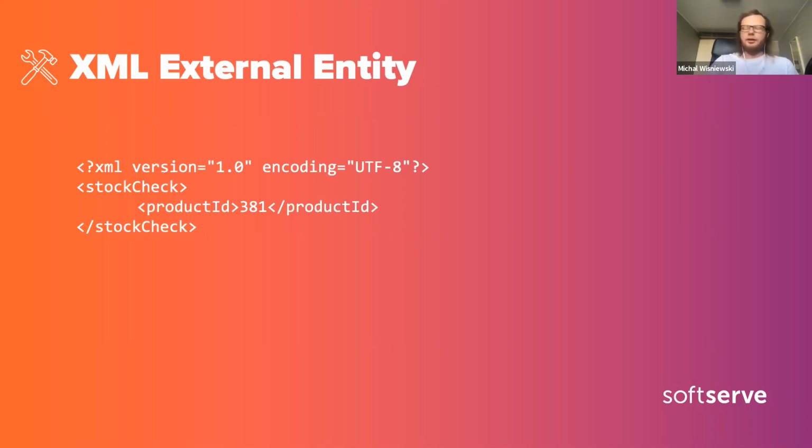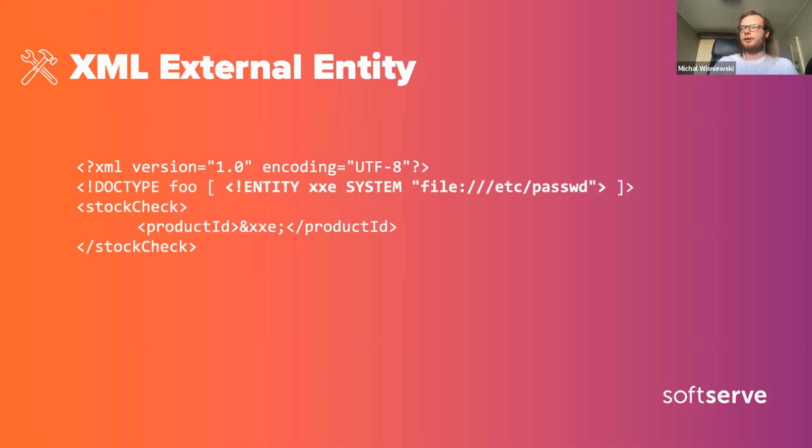And suddenly in XML, there's something called entity. And this kind of entity where you have the declaration of it in the doc type, it's called XML External Entity.